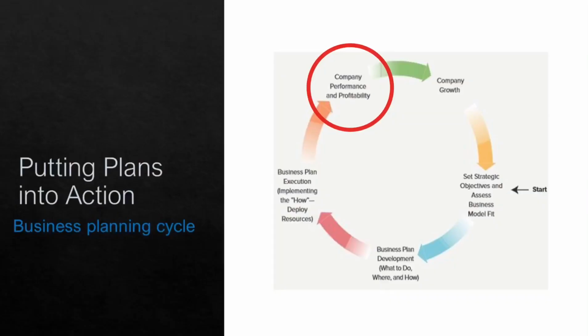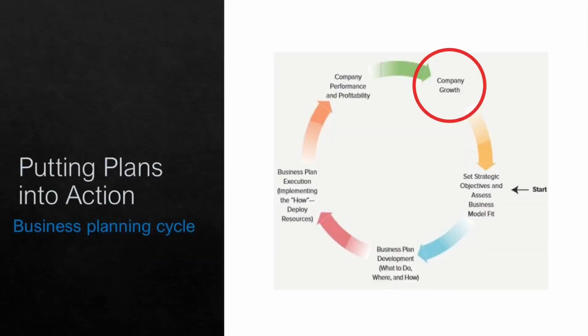And then comes the analysis or the assessment of the company performance. Okay, we had a plan, we executed the plan. Now we need to assess and to see, are we on the right direction? Are we getting the profitability level that we are aiming at? What's our performance? And then we assess the company growth.